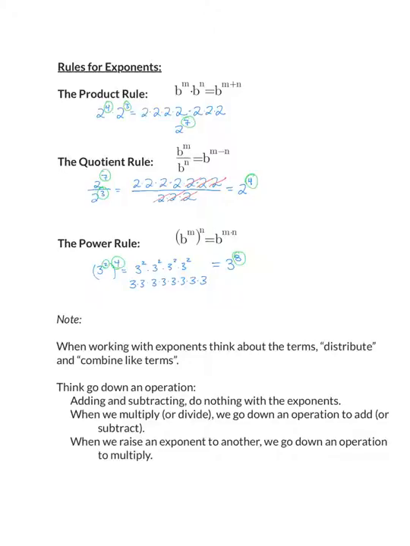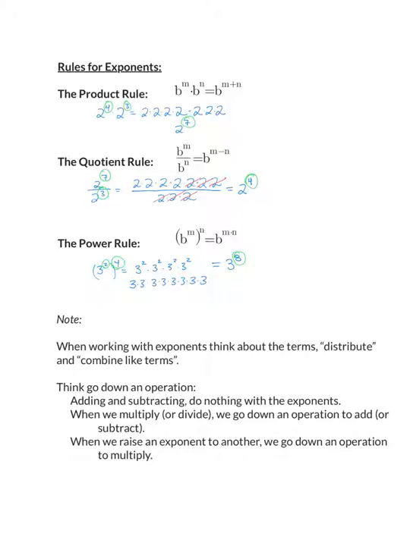We kept them the same. When we multiply, we want to go down an operation to addition. And similarly, when we talk about dividing, we want to go down an operation to subtracting. When we raise an exponent to another, we go down an operation to multiply.